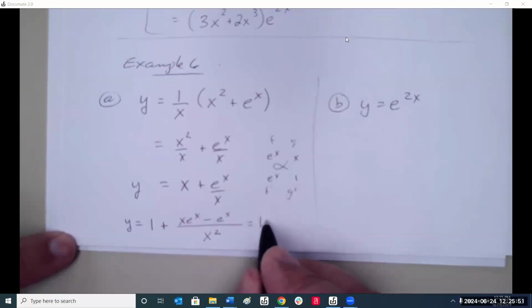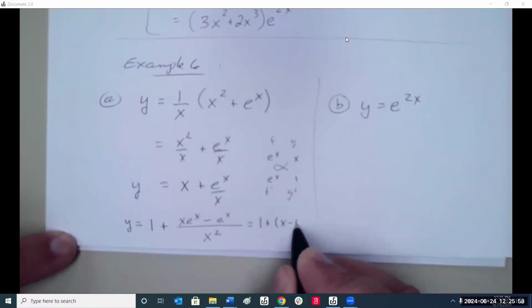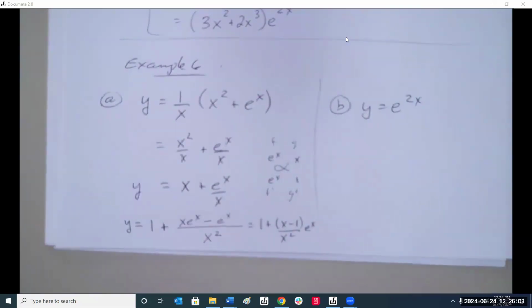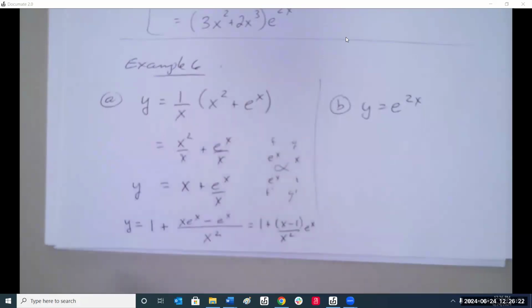Which could be written as 1 plus x minus 1 over x squared e to the x. Again, you could have done both of them separately as a product rule.